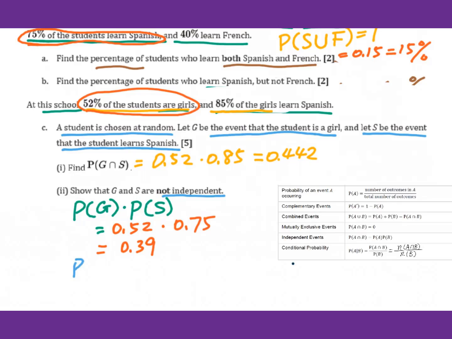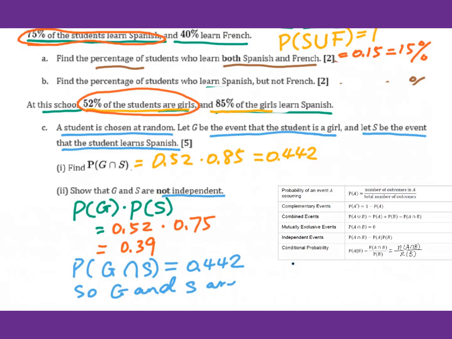While for probability girls and Spanish, we already got that is 0.442. So J and S are not independent.